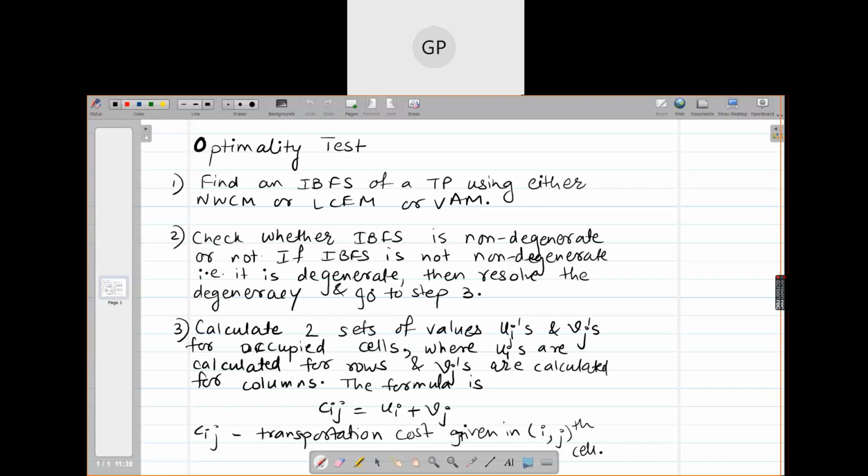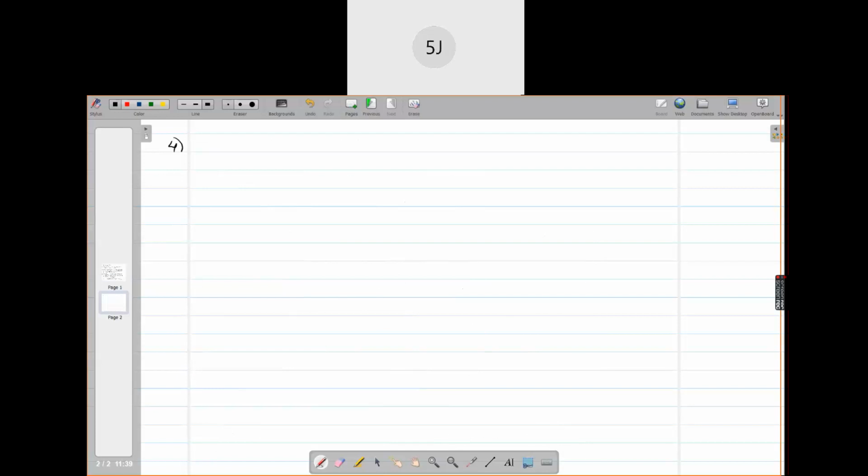Yes, ma'am. Okay. Now the fourth step is for unoccupied cells. Unoccupied cells means which cells are unoccupied? Where there are no units placed. Those are unoccupied cells.